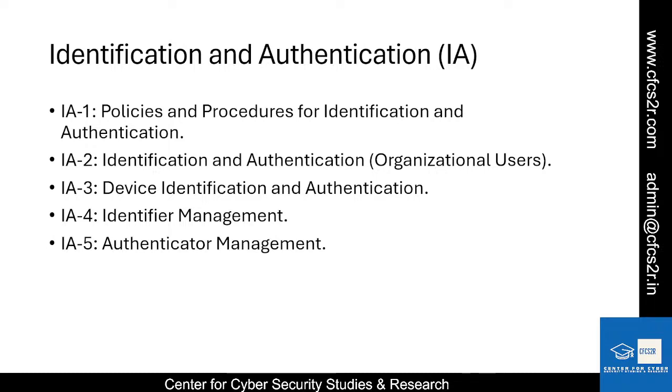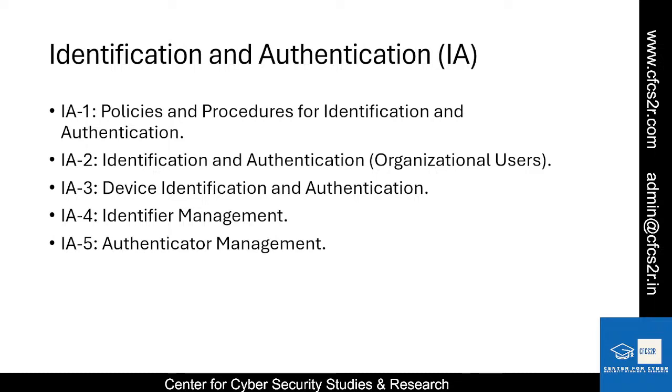So the identification and authentication control family must include certain controls from IA-1 to IA-5. These controls will help you identify and authenticate the critical SCRM, because they help you with traceability of individuals, like who is connected to my network and what the important areas are.